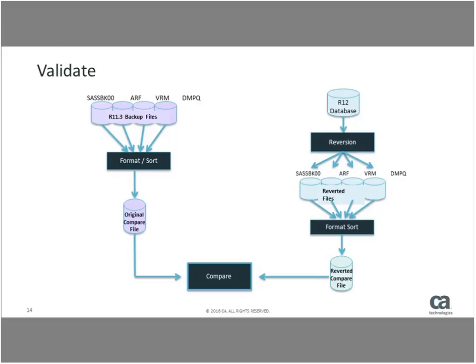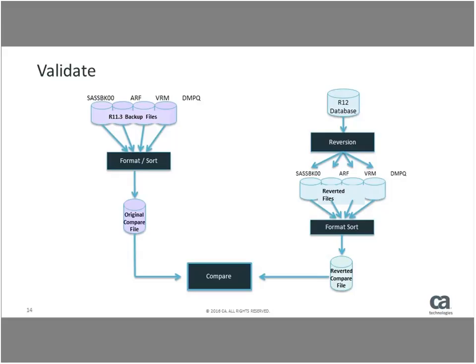Then those two files, the original compare file and the reverted compare file, are compared. If they do not match, you will get a non-zero return code and messages telling you what does not match. If they do match, you get a return code 0.